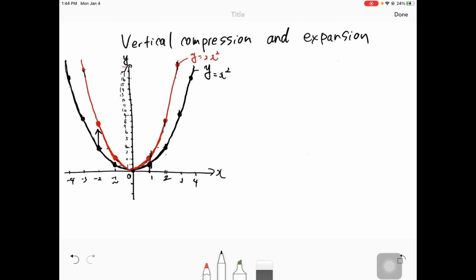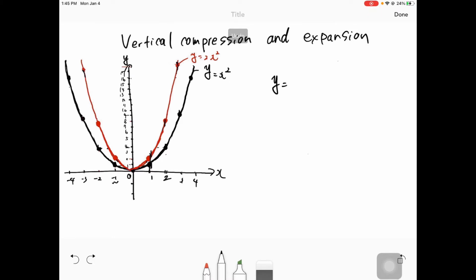If you pull up all points, you can make the graph of y equals 2x squared. However, how much they are pushed up differs depending on the points. So let's see what kind of change is made specifically.